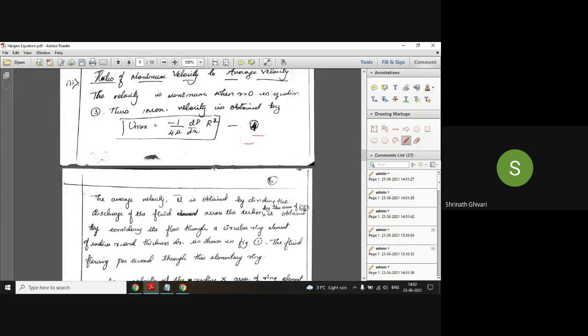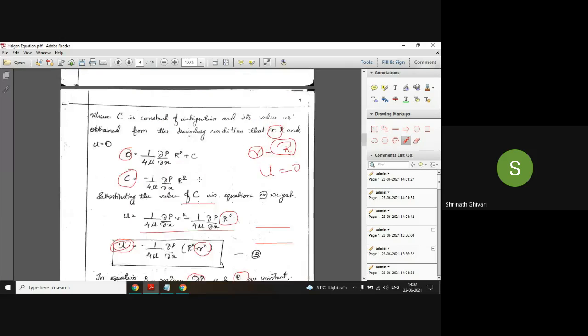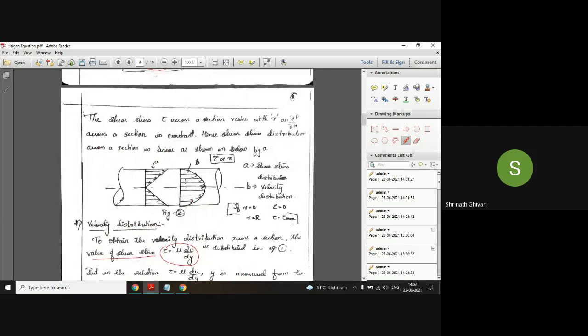Now the next point is that you have to find the ratio of maximum velocity to average velocity. What is average velocity? Average velocity is the velocity which is flowing throughout the pipe. I don't know what the velocity is at this point or at this point, but I just know that the fluid is flowing at the center maximum. But you can see the variation.